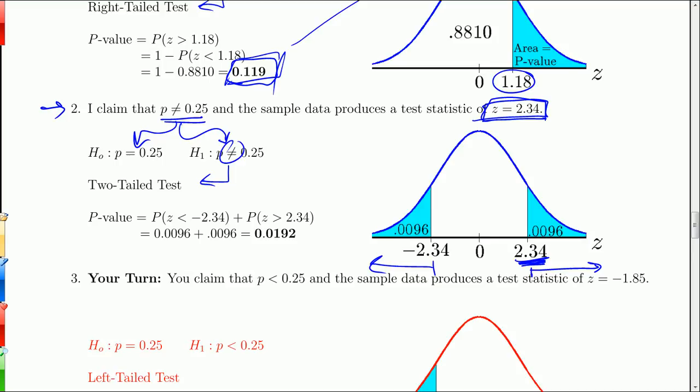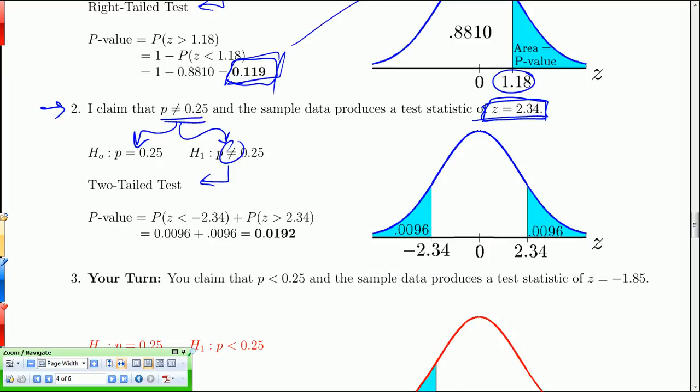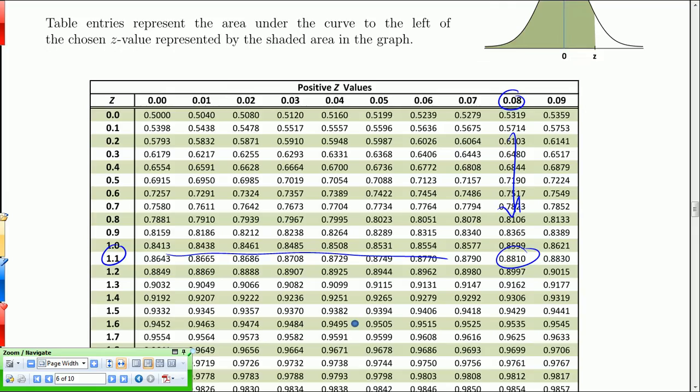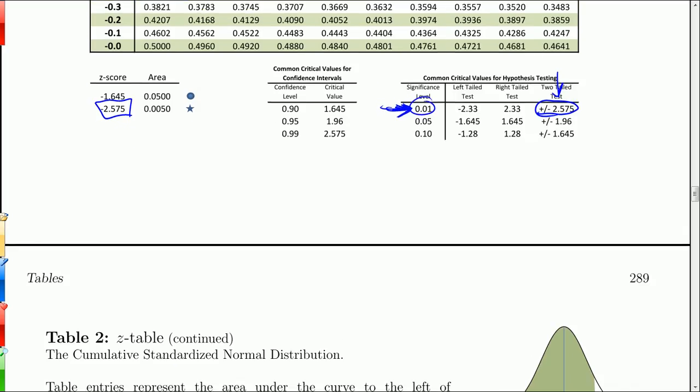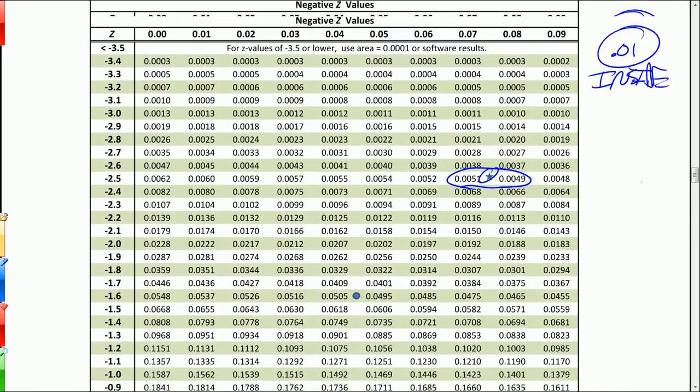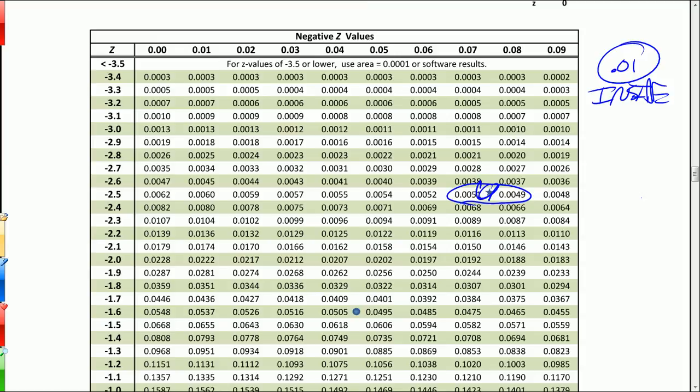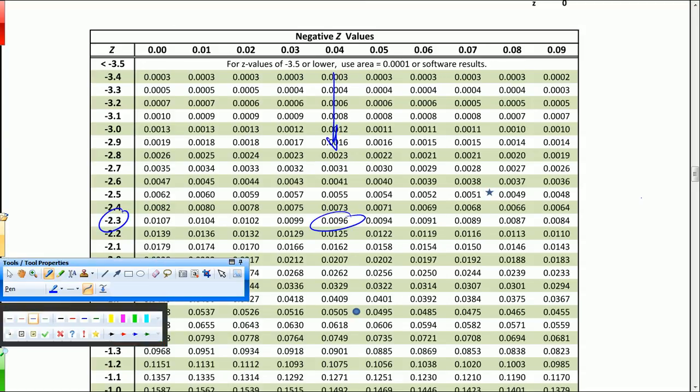So basically this total shaded region is the p-value, right? And so if we look up negative 2.34 in our table, we get 0.0096.